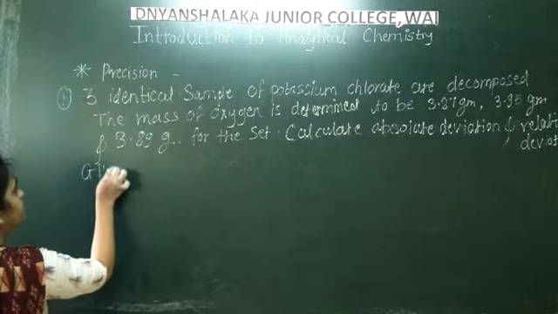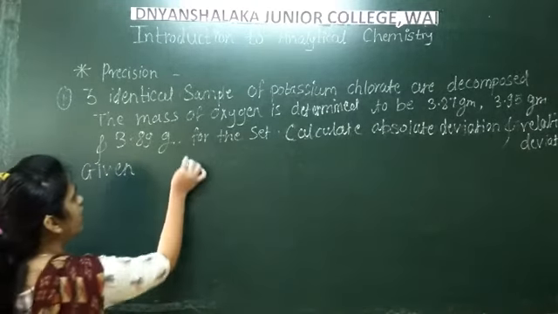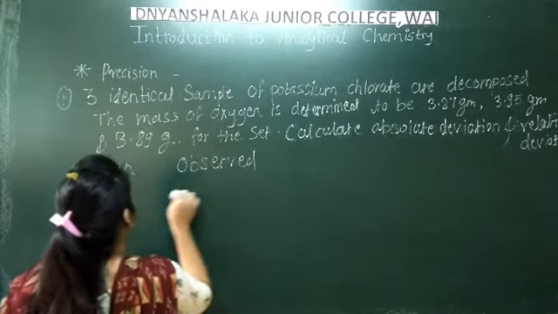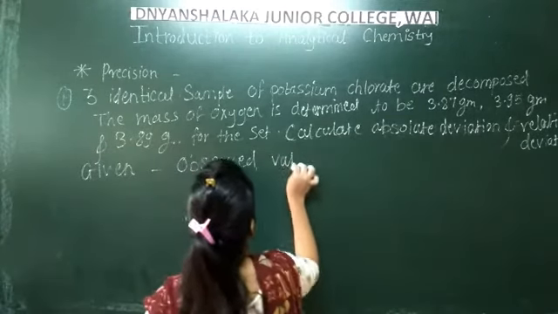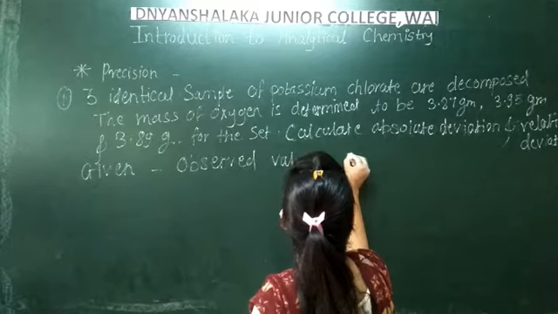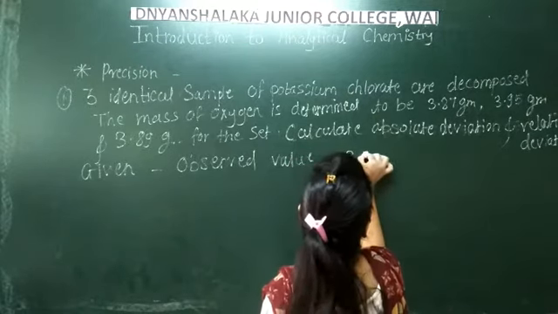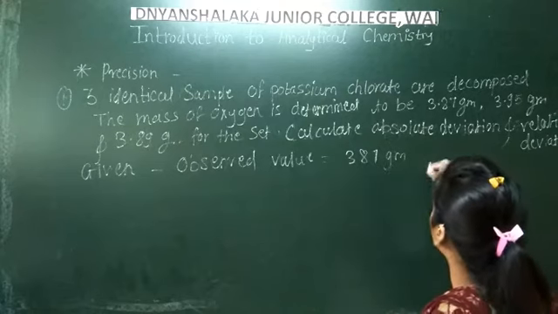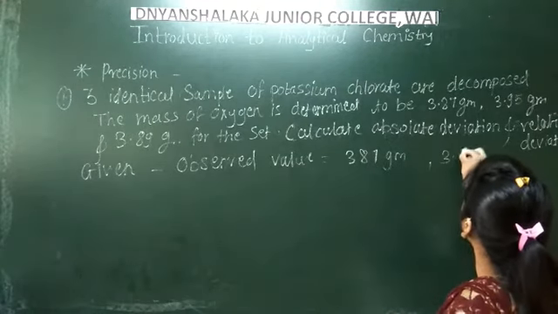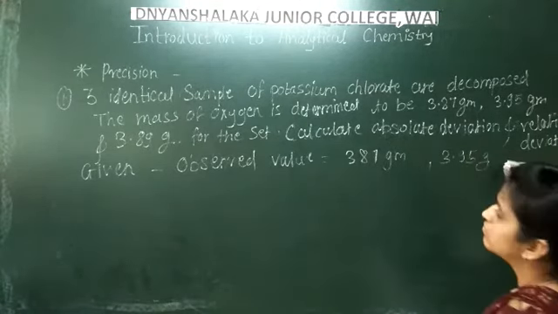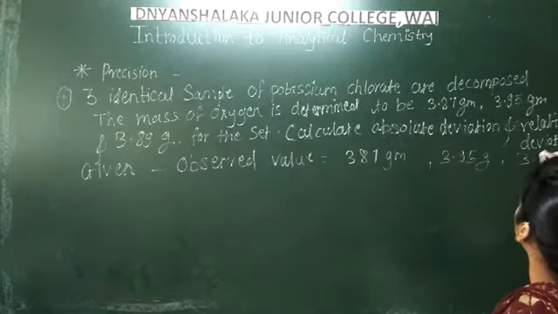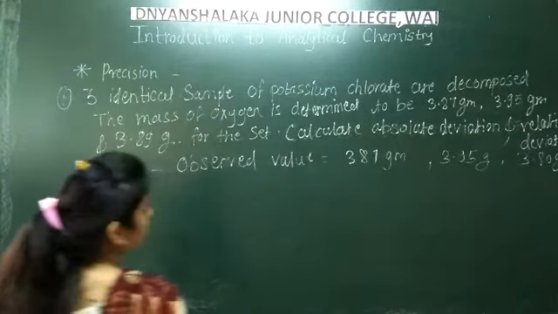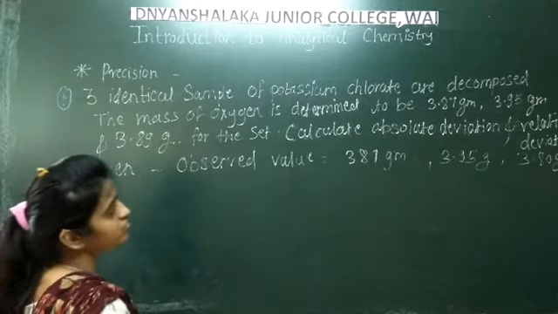Given data, observed values: first is 3.87 gram, second 3.95 gram and third 3.80 gram. So first we find out absolute deviation and relative deviation.